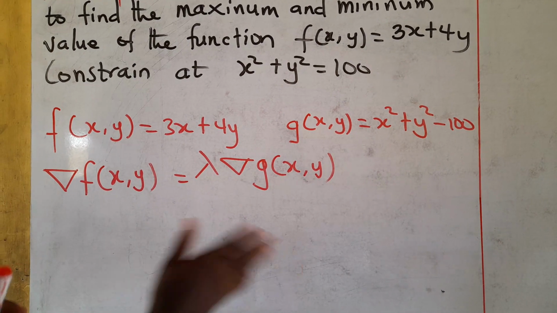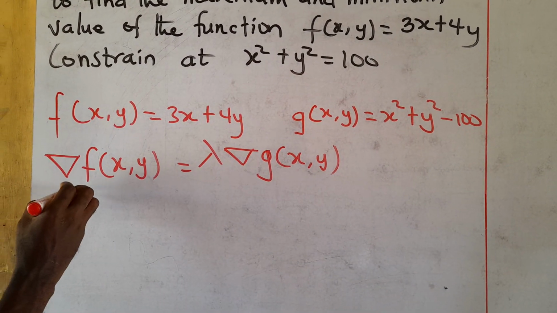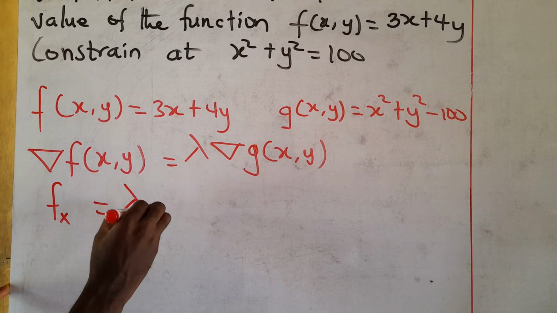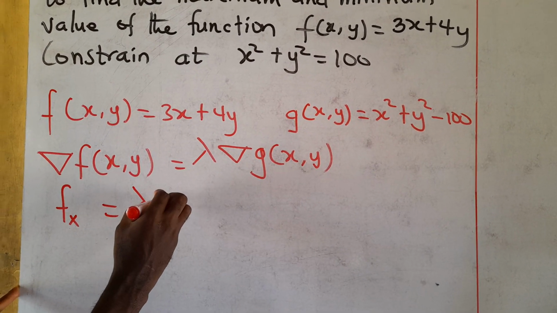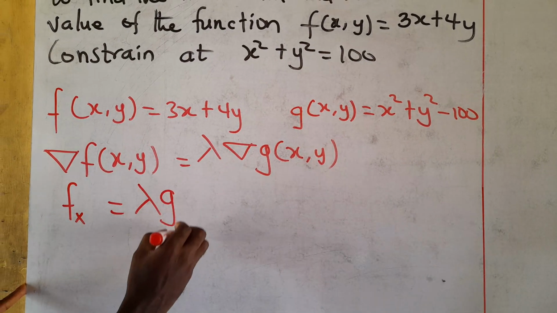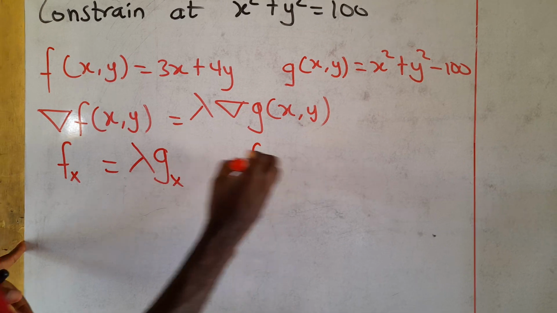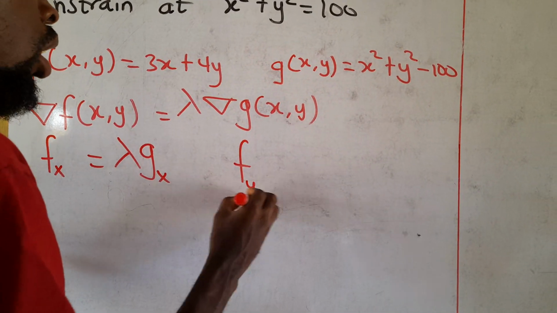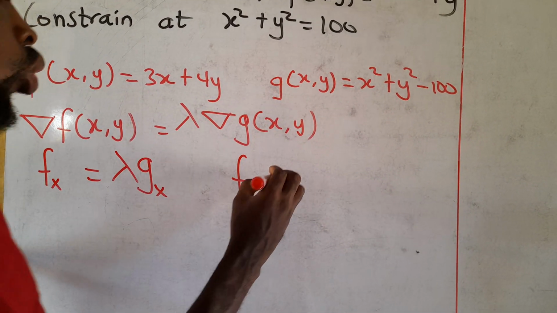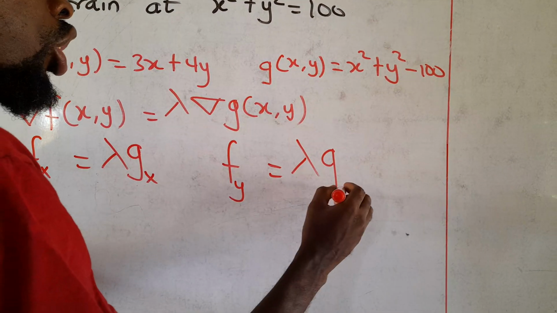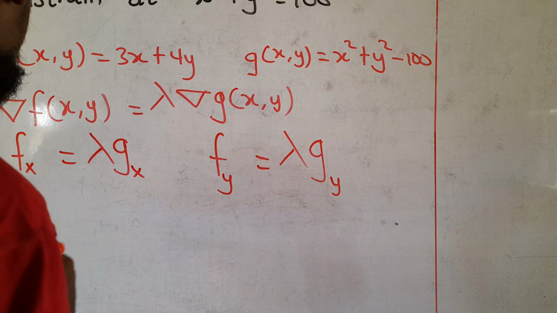So in equating common coefficients, we can say that the partial differentiation of f with respect to x will be equal to lambda times the partial differentiation of g with respect to x. Also, the partial differentiation of f with respect to y will be equal to lambda times the partial differentiation of g with respect to y.